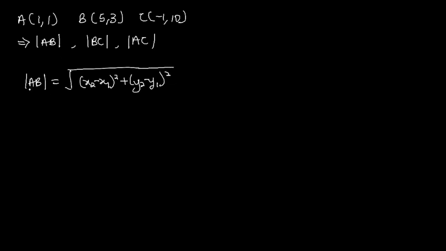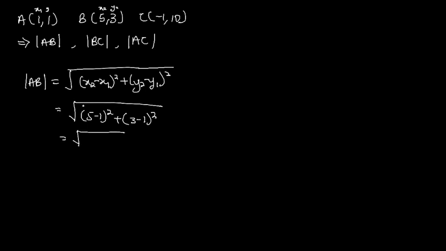Okay, so for AB, A becomes x1 y1, and then B becomes x2 y2. So this is equal to, our x2 here is 5 minus x1, which is 1 squared, plus our y2 is 3 minus y1, which is 1 all squared. So if I compute everything here, I'm going to have 4 squared, which is 16, plus 2 squared is 4, and then everything here will give me root 20.